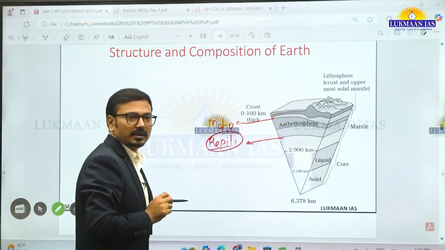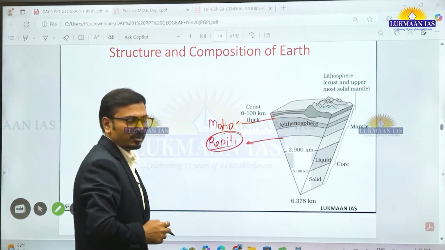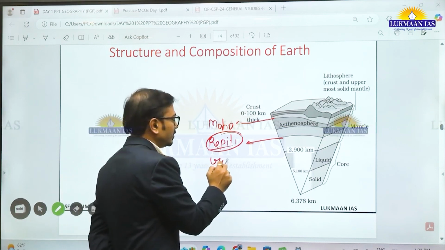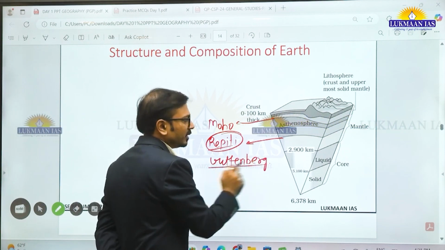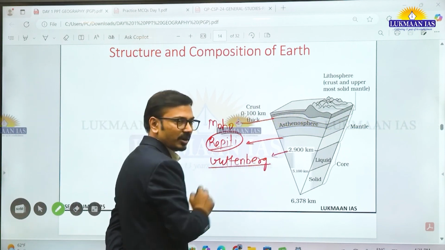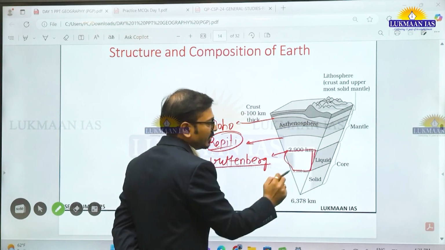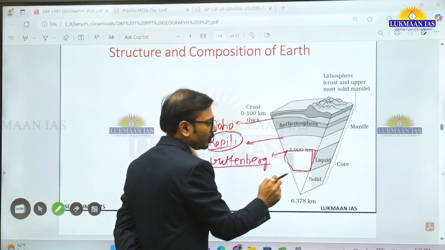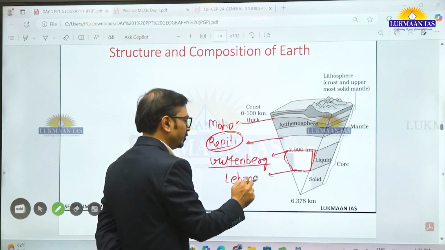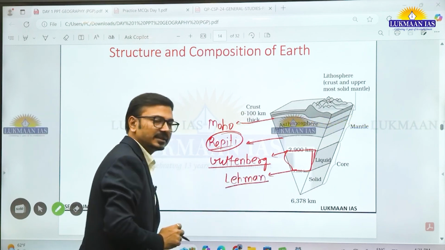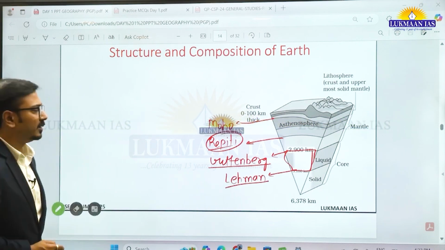Now further, mantle core boundary. Okay, the mantle core boundary is Gutenberg. Okay, Gutenberg boundary, mantle core boundary. Outer core is in liquid form, you can see, and this is in solid form, inner core. This boundary is Lehmann boundary or discontinuity. They are discontinuities, okay, inside the earth.